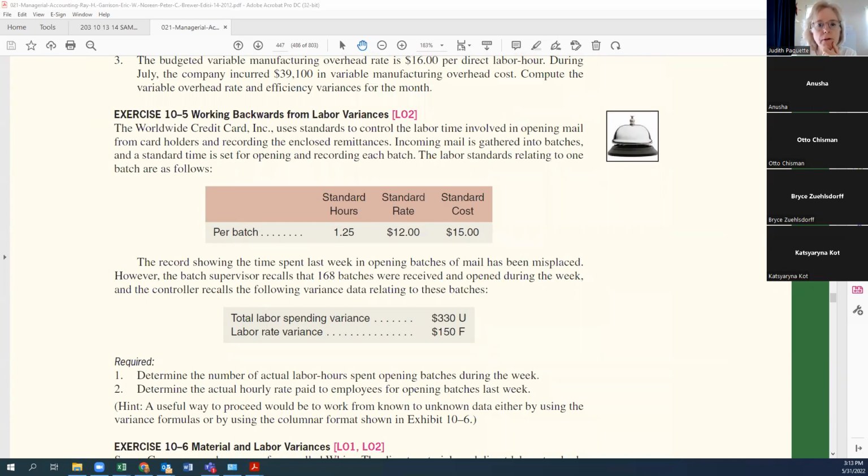Chapter 10. Here we go. I don't like the solution on this problem. I'm trying to figure out if I can show it to you on, oh, here's another one.